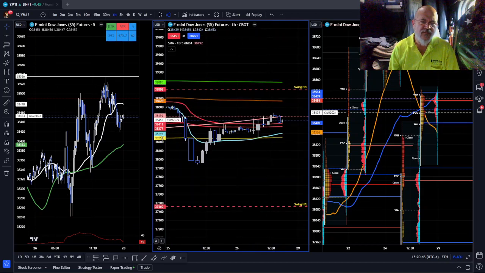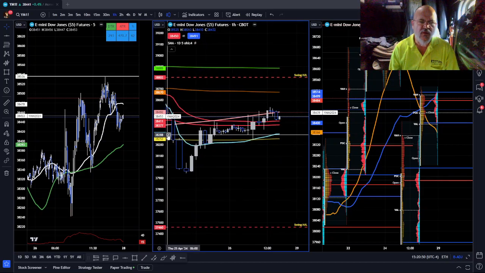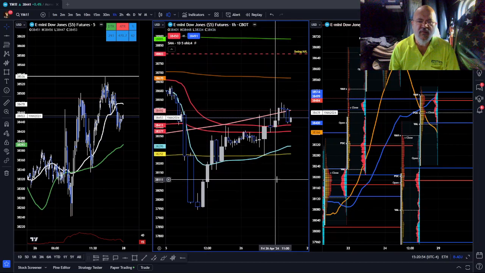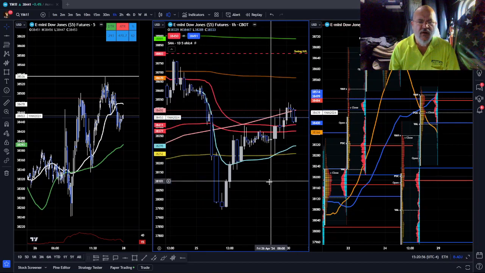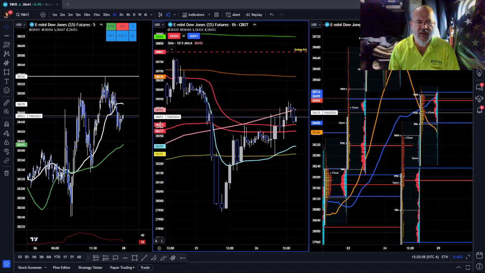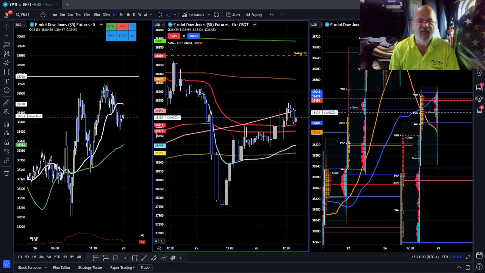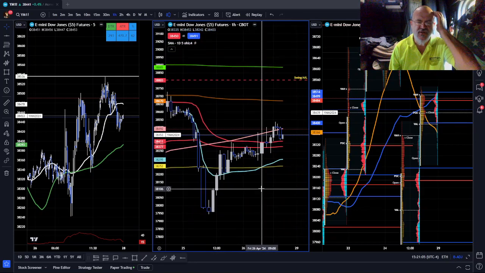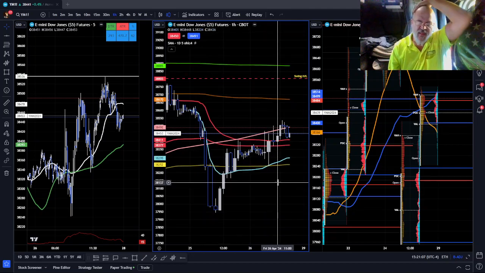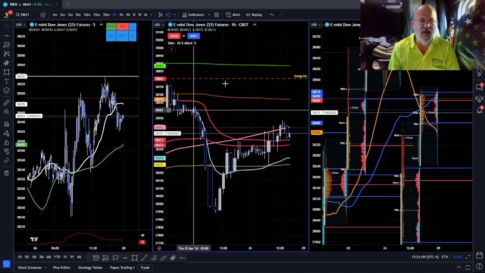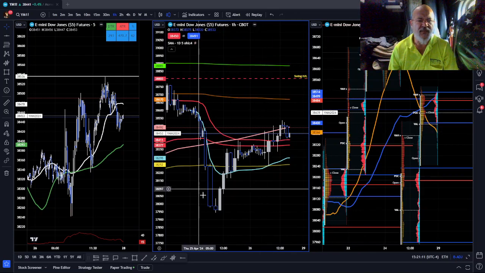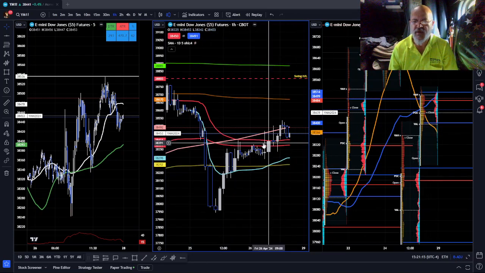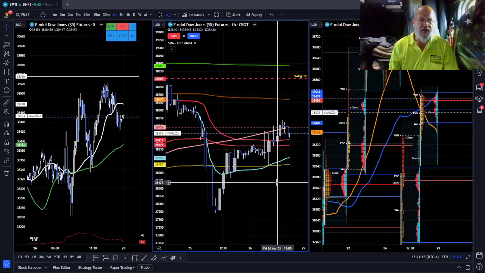So that works for me because I will typically have my charts expanded just a bit just to make things easier for me to see. And I want to keep all of my long-term VWAPs in screen. And I know this is a swing high going into next week. All right.